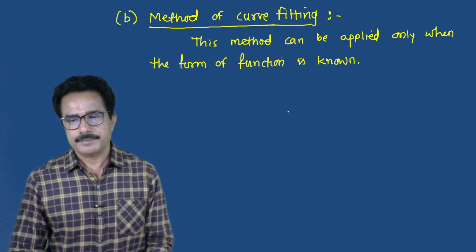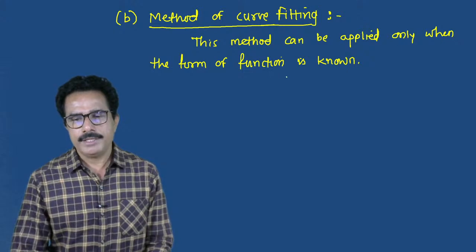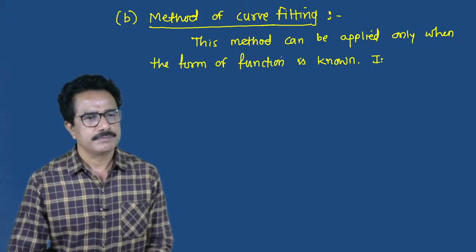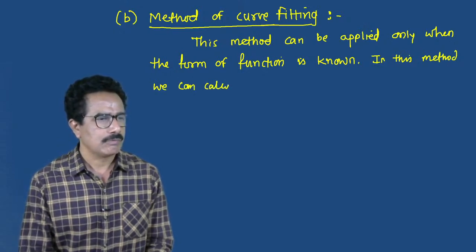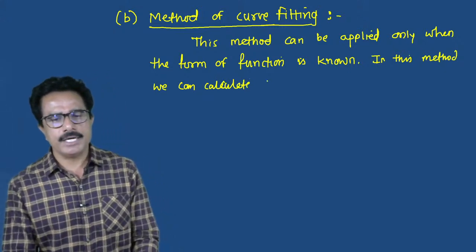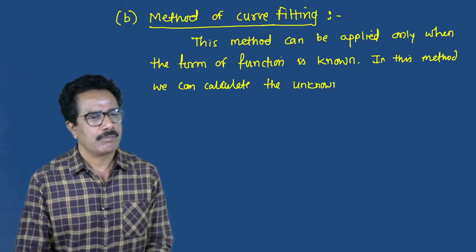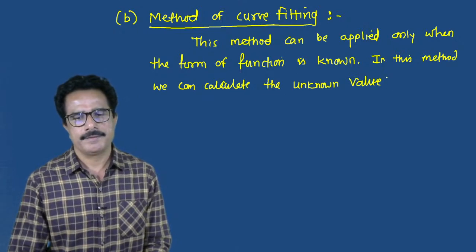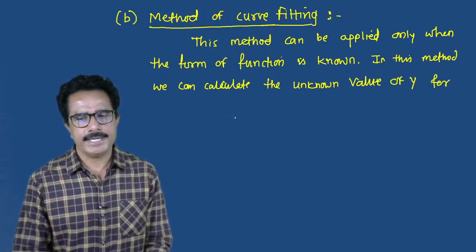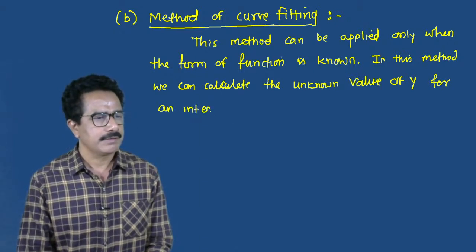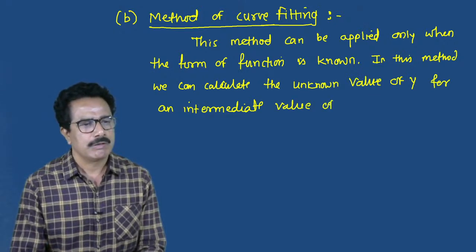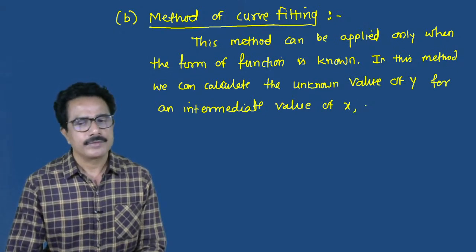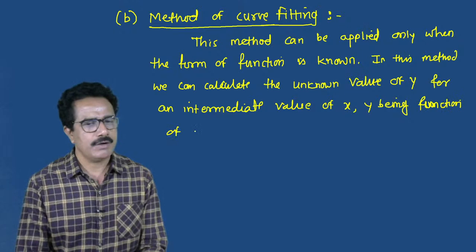So in this method we can calculate the unknown value of y for an intermediate value of x, y being a function of x.